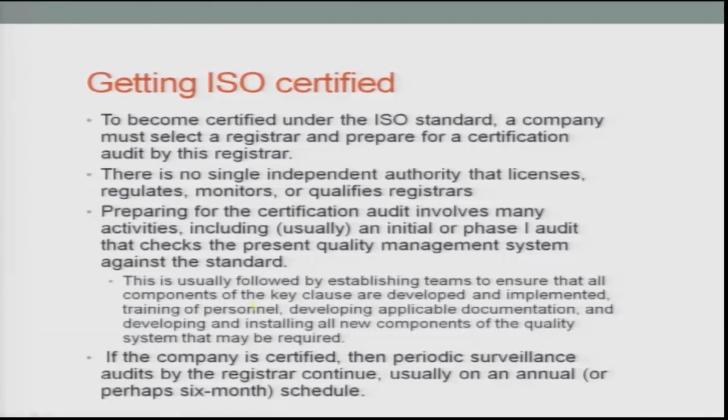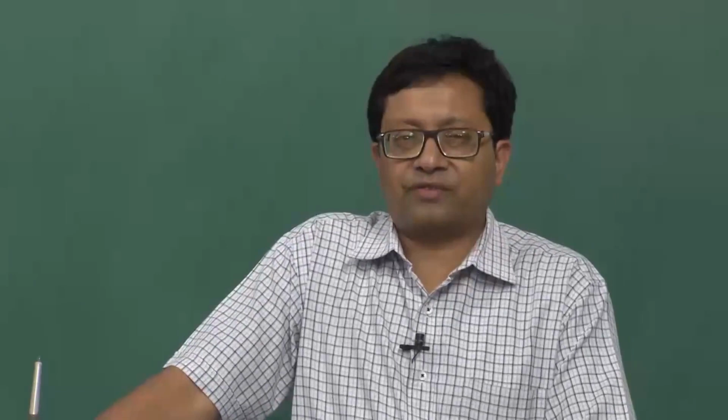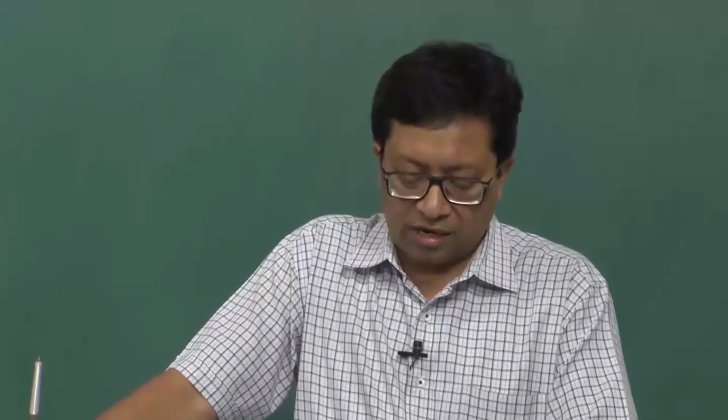So, getting the ISO certificates, the general things and the schematic way you proceed is that to become a certified user under the ISO standard system, a company must select a registrar and prepare for a certification audit by that particular registrar. The registrar will come, have his set of procedures based on which the analysis of the company, its facilities and products would be done, and based on that the next step of action, whether the ISO certification should be given or not, or what improvements should be made, would be analyzed.